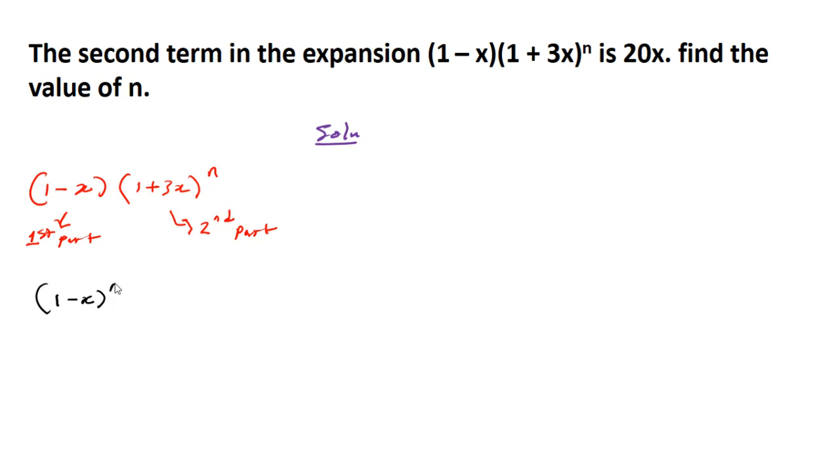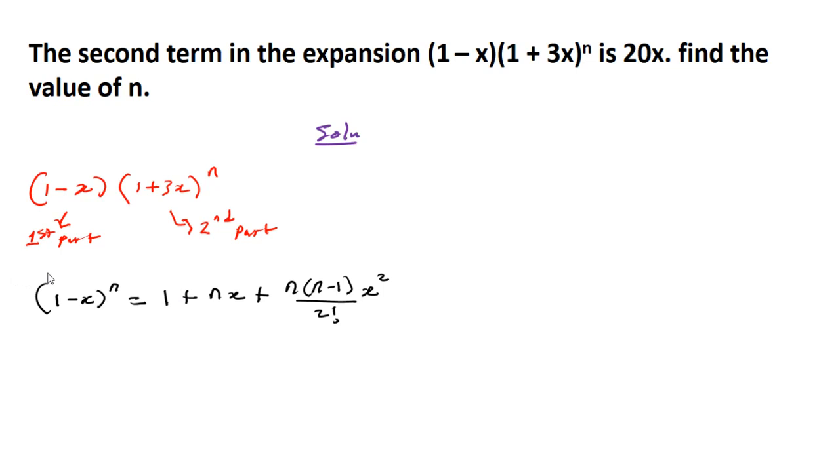So if you look at an expansion of something like (1 plus x)^n, then our expression will be 1 plus nx, plus n times (n minus 1) over 2 factorial, times x squared.